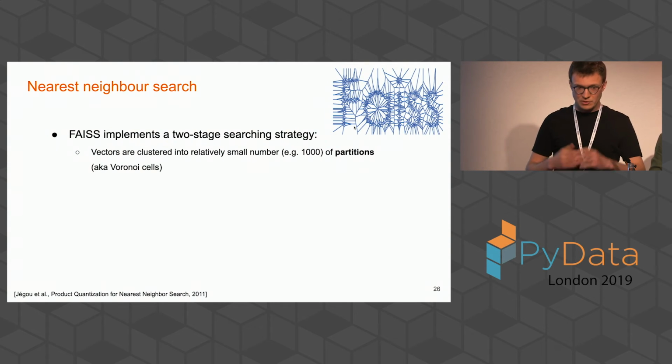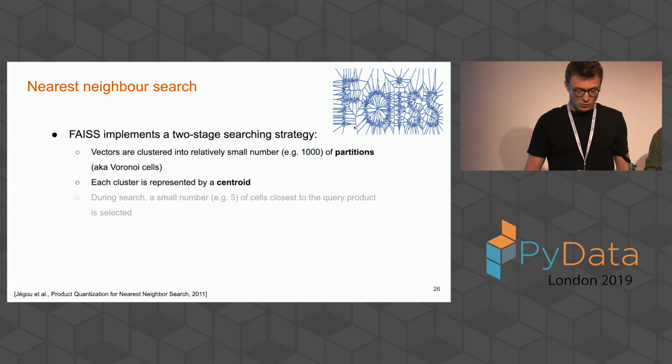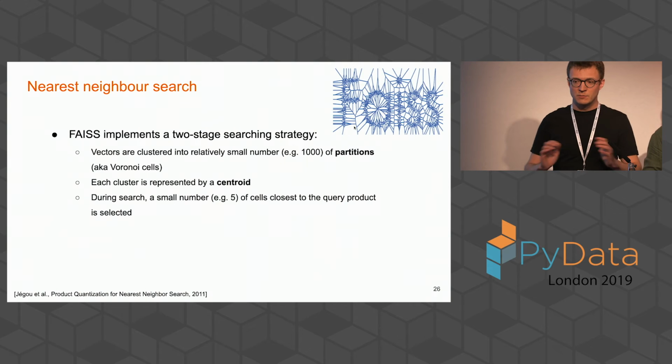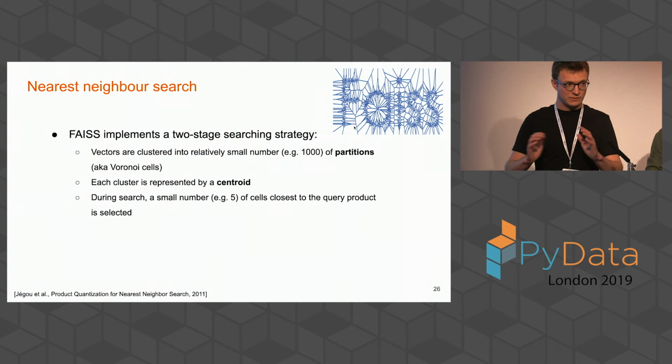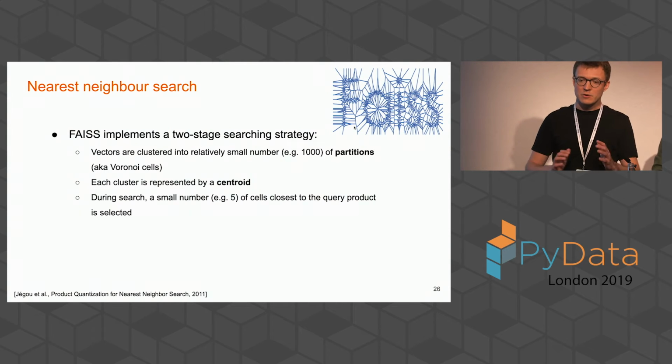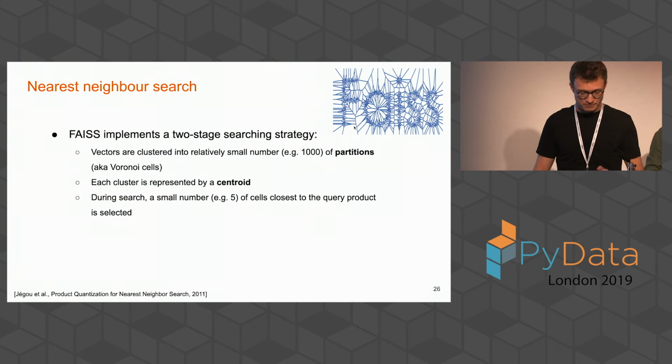Each of those partitions is represented by a centroid, which is just the mean of vectors within this cluster. At search time, we retrieve the most similar Voronoi cells. This way we significantly narrow the search space. Then in this narrowed search space, we can afford exact search, or brute force search, because the search space is much smaller now.